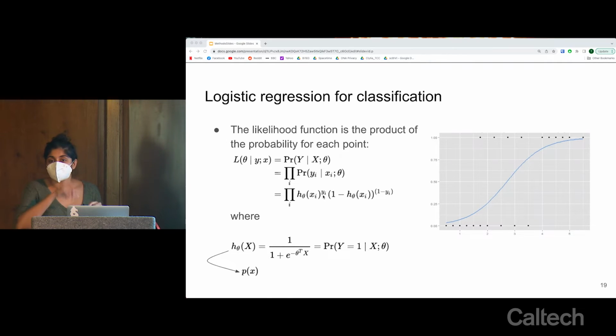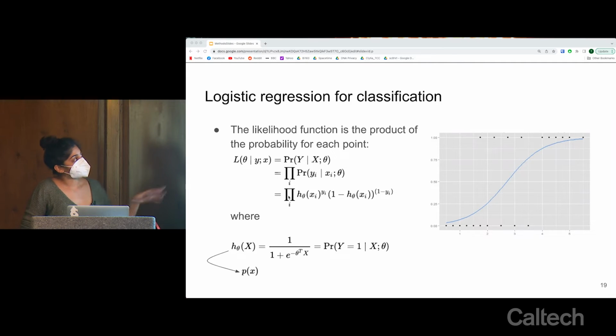Usually you see this in the form of p to the y times 1 minus p to the 1 minus y. So if your state is 1, it's going to be probability p, and if it's 0, it will be 1 minus p. In this case, though, your p is based on your regression model and this logistic link function. That is how that comes into play for each of those variables.